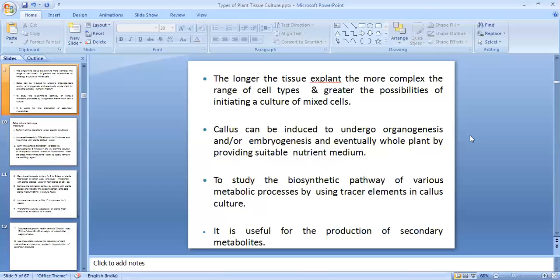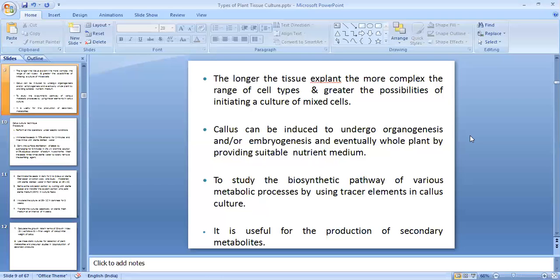In organogenesis, the different parts of the cells are directly differentiated and grouped, and they grow into a whole intact plant. Whereas in embryogenesis, first the embryo is formed, and from that the different organs are initiated to develop into a whole plant.